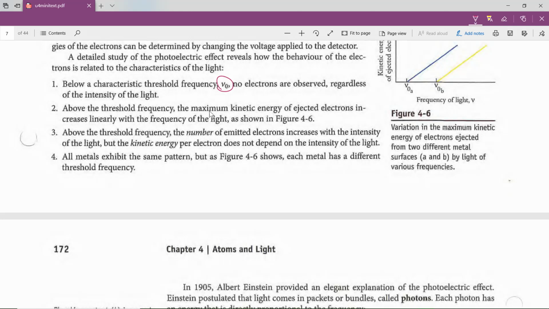Above the threshold frequency, the greater the frequency of the incident light, the greater the maximum kinetic energy. Okay, and above the threshold frequency, the number of emitted electrons increases with the intensity, but the kinetic energy per electron does not depend on the intensity. Okay, so that's another detail of it.